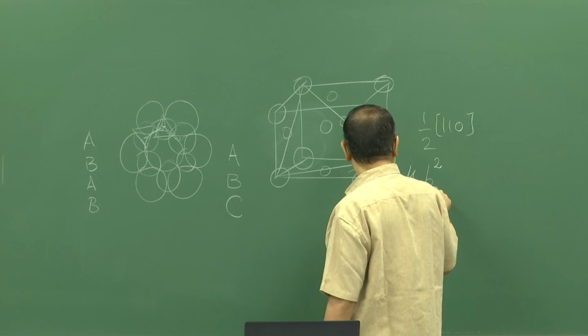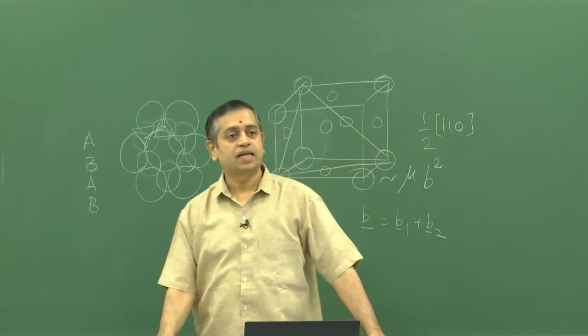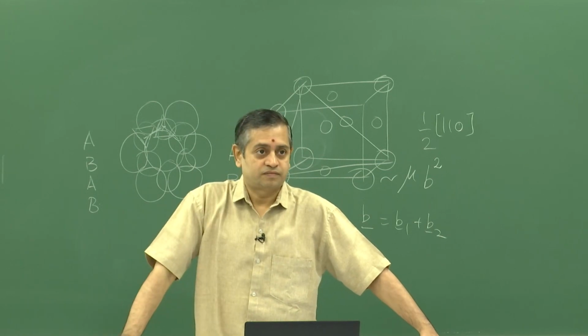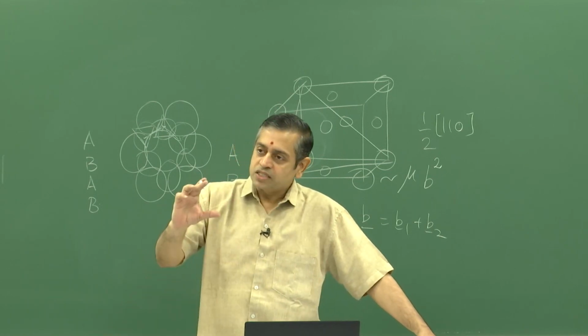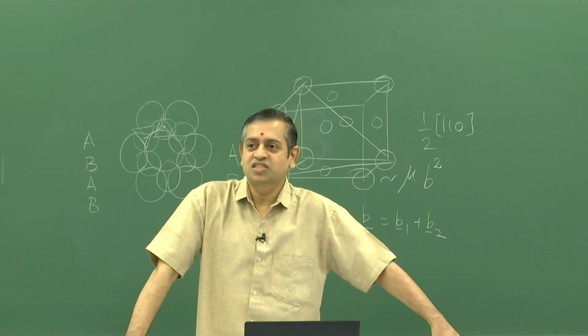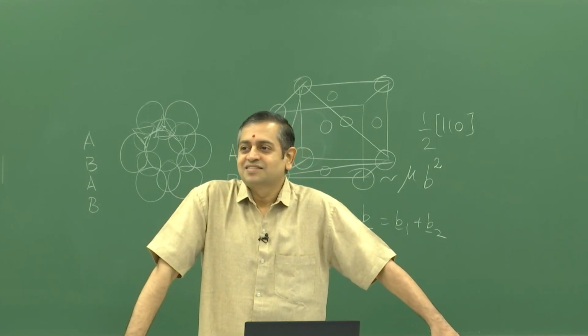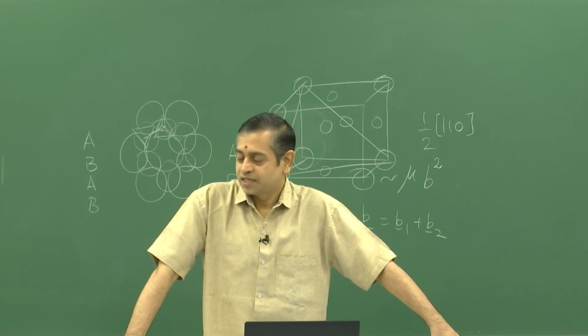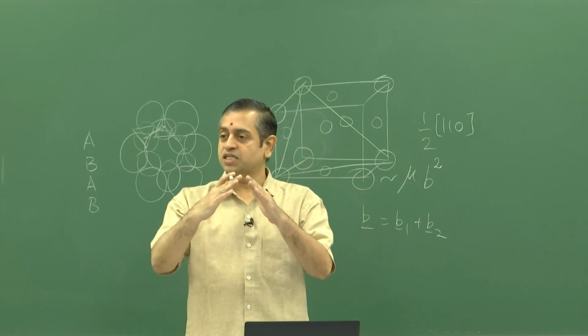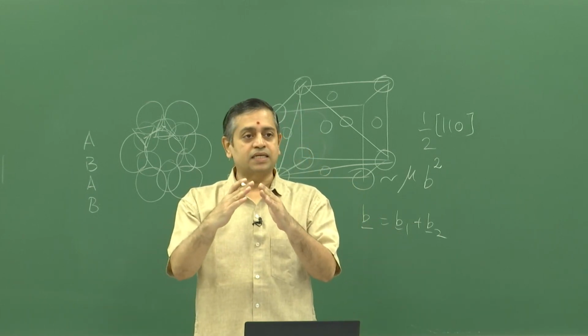So, you can put 1 1 bar 2 here and calculate the elastic energy, you will find that it always is smaller. So, a full dislocation splits into partials, and these are known as what partials? Shockley partials, right.